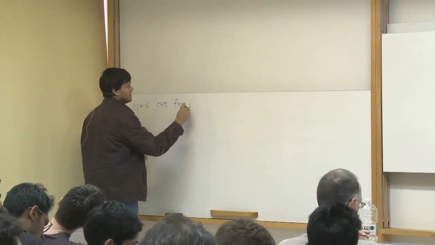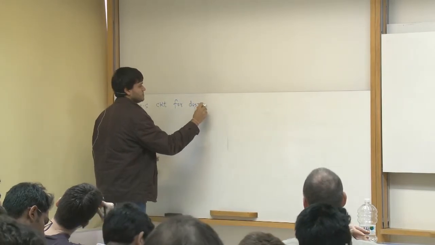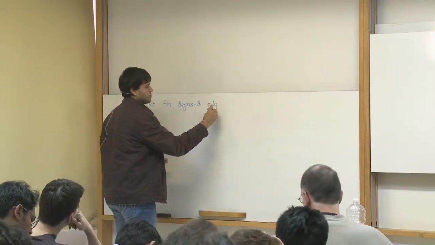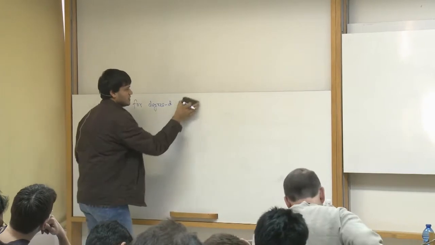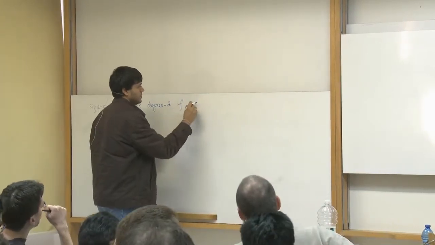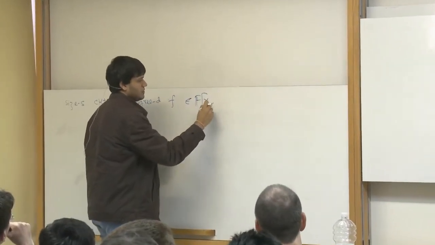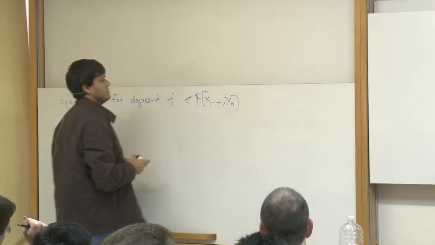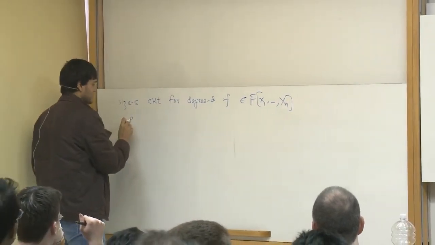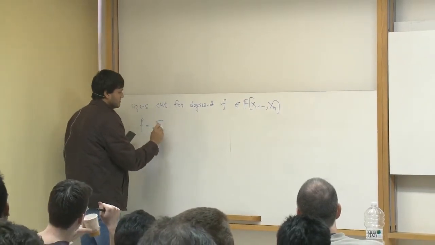for a degree D polynomial, then f can be represented in this form.